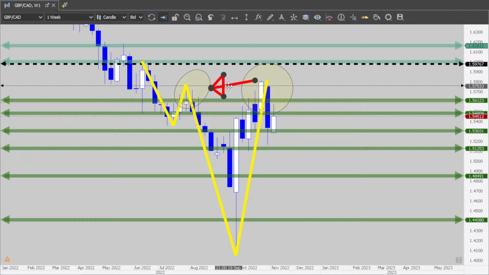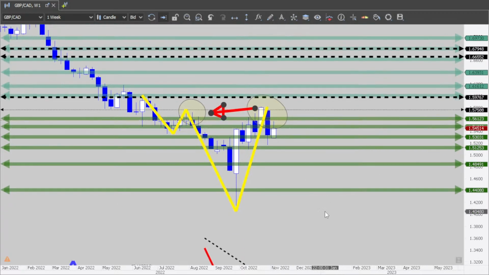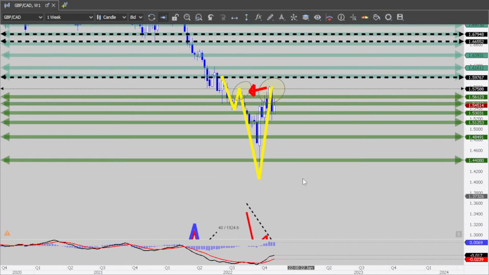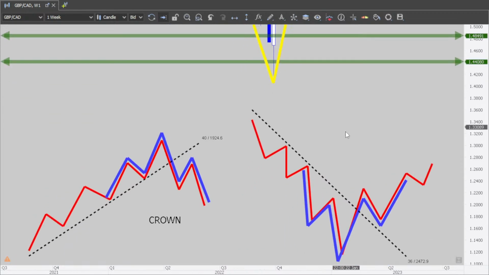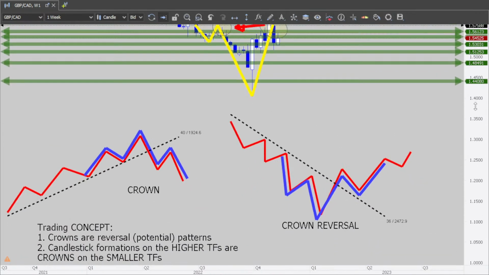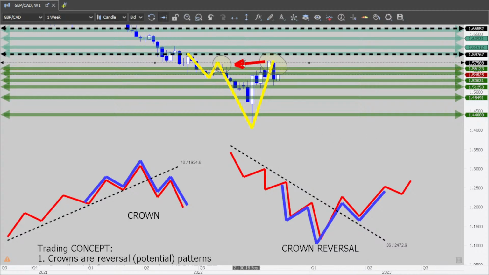So question number 1, do we have a higher high? So this is the market, right? Now here is theory, everybody, and the live chart would refer to it. So this is theory down in here, crown reversal, and now this is the live chart. So we have a higher high, right?